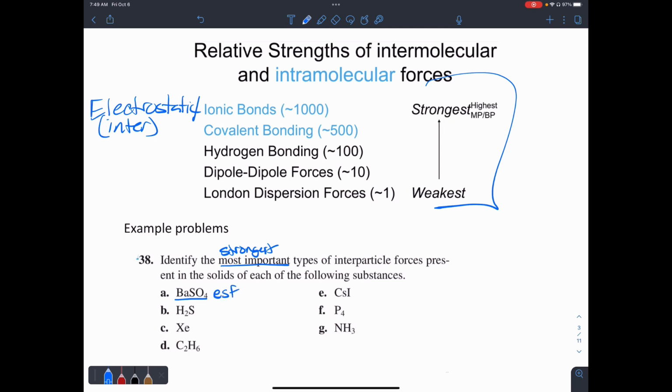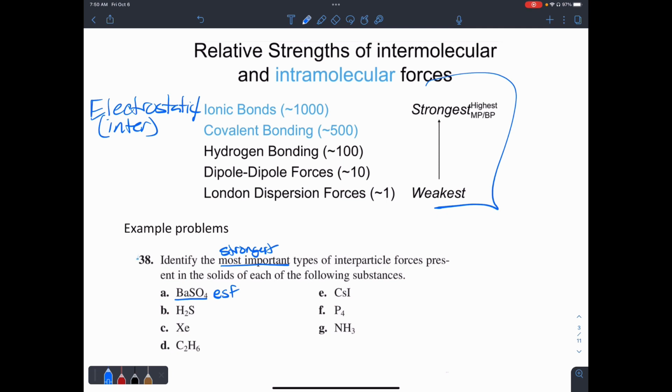Item B, H2S. Is it ionic? Well, no, it does not have a metal. So we know it's covalent, but between two molecules, is it capable of hydrogen bonding? Well, H with FON can hydrogen bond. This does not have an F, an O, nor an N, so it cannot hydrogen bond.